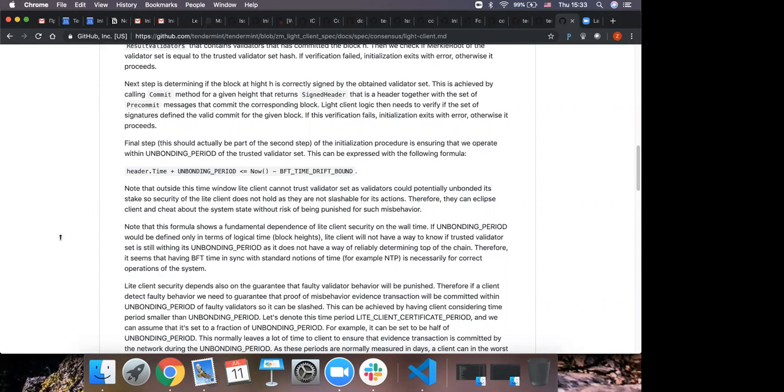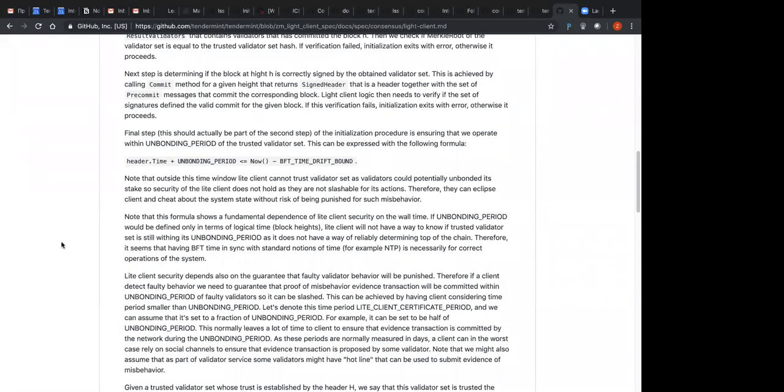Very quick question. The drift bound, that's something that is also a constant. It's the same case and it's a small number, right? Yes, it's kind of an abstraction. It's basically trying to say that the protocol is going to guarantee that whatever the BFT time is in the Tendermint header is within some drift bound from anyone in the world's local clock, or in this case, the light client's local clock.